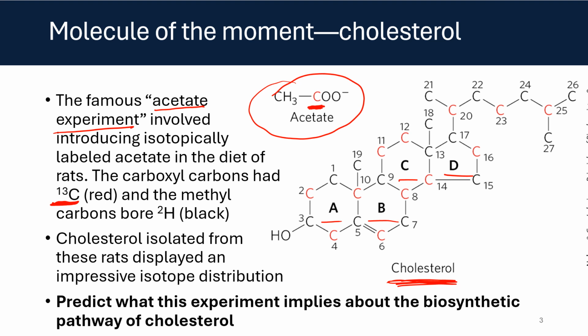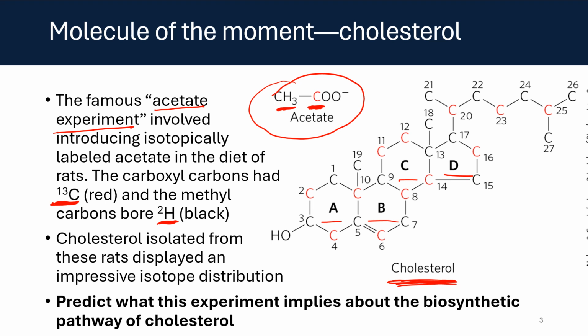And scientists can do experiments to detect the presence of this label. And that's not the only label we put in. We put a different label on the hydrogens associated with the methyl attached to that acetate. And we didn't give it a 13C label, we gave it a different deuterium label, a heavy hydrogen, 2H label. And we're going to color that black.